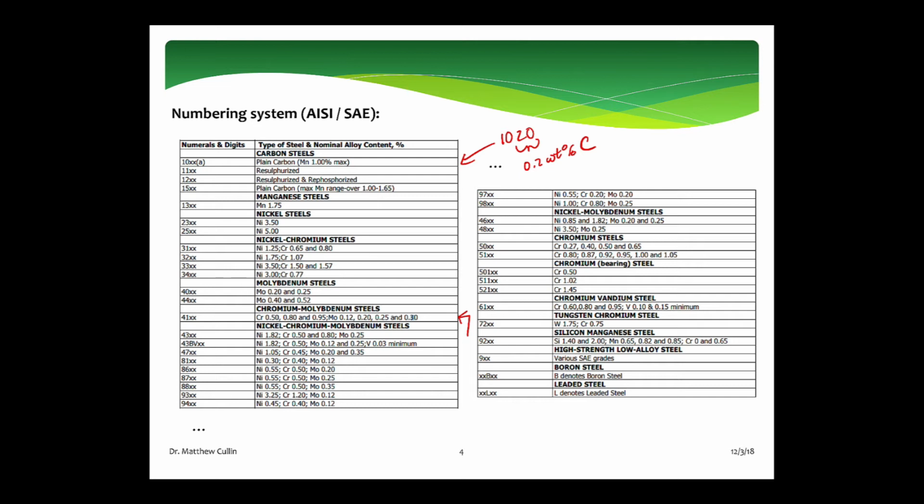Sometimes the four-digit parameter turns into a five-digit parameter, but you can always just pop open this chart and figure out exactly what you're dealing with. Some of the most common are your 4300, 4100, 4400 steels, and those are going to be your quenched and tempered low alloy steels.